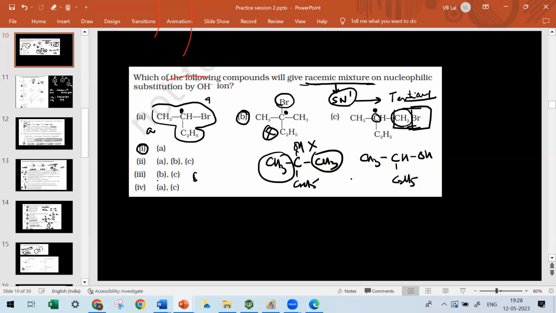So A and C is there, yes. So 4 is a possible answer. Okay, I will give it to 4. Good, very good. Good point, Sai Kalyan. You have understood it very well. Vaishnavi, you were saying something. No, ma'am, I understand. Okay.